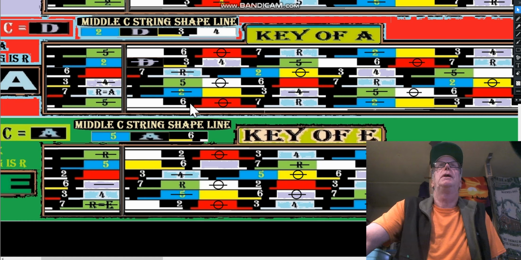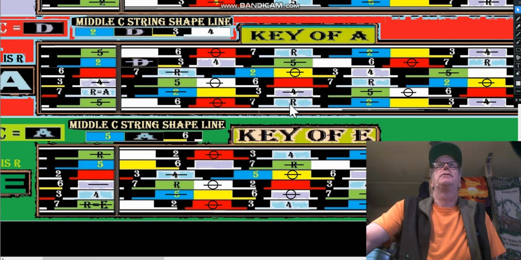So G shape, there's your A root, light blue A root there. Now the string shapes go around the circle. A goes to E string shape, goes to C string shape, goes to G string shape, and then goes to D string shape right there.